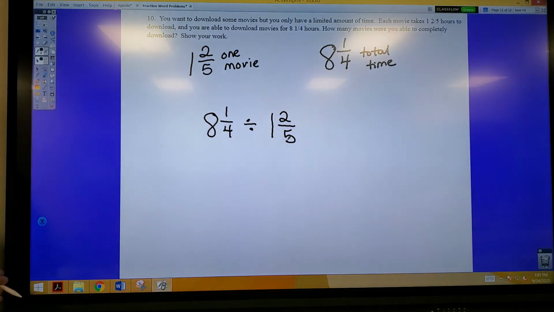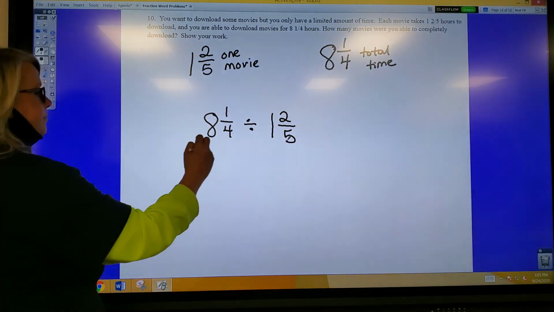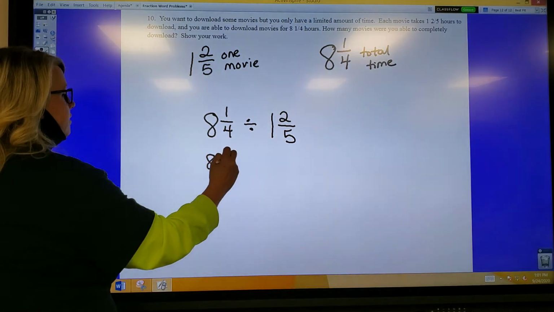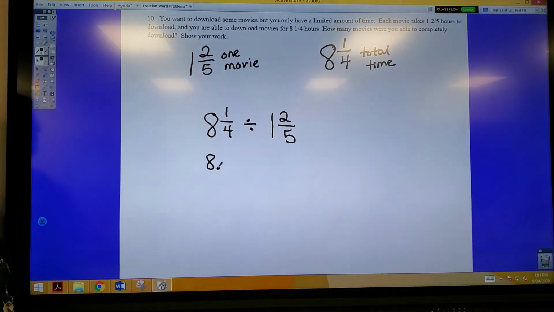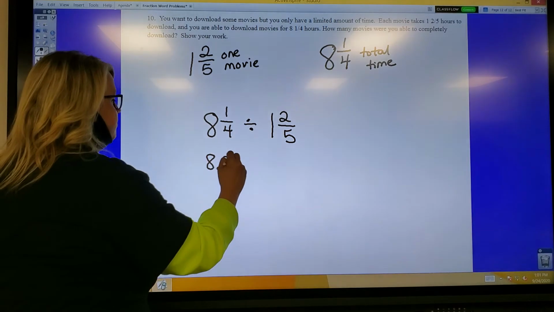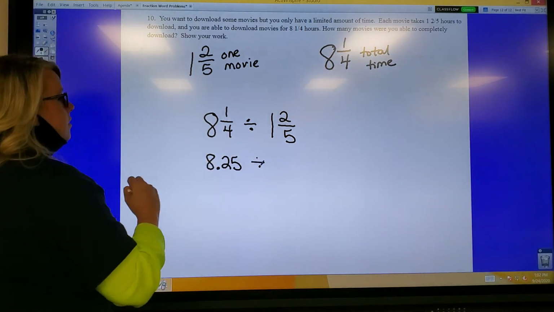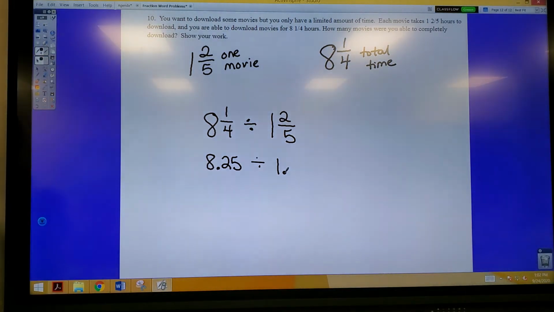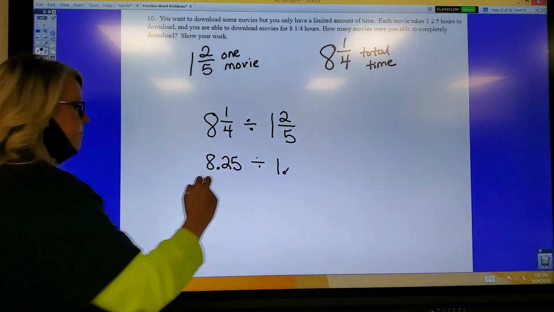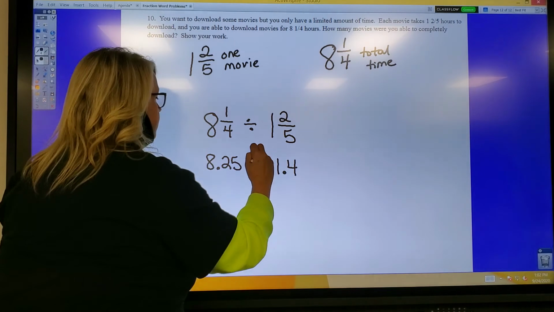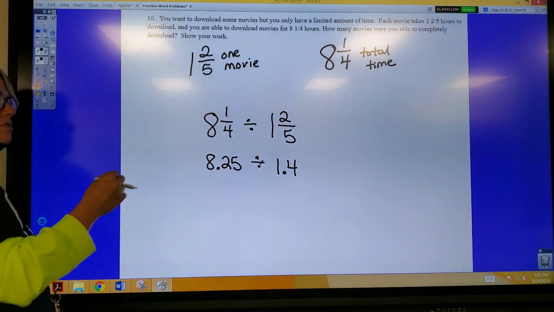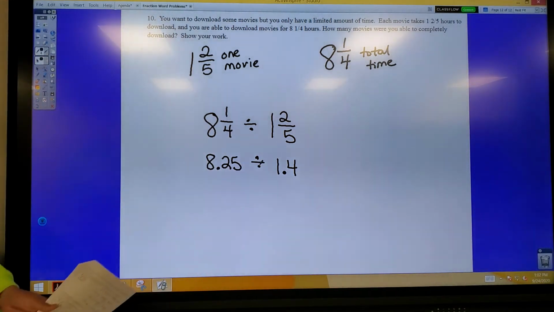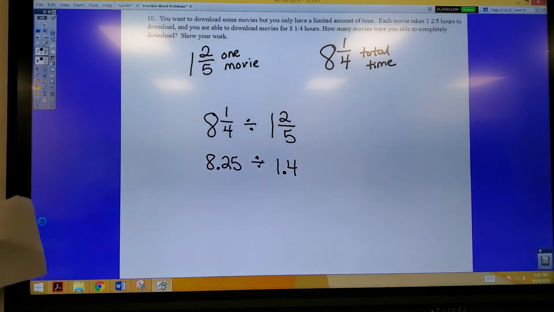What would 8 1/4 be as a decimal? 8.25. And what would 1 2/5 be? 1.4. Very good. We spent time on the DMR turning fractions into decimal form, so that was helping us prepare for this.